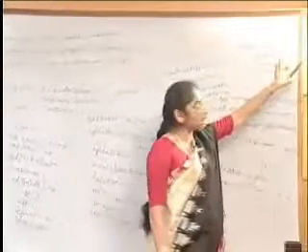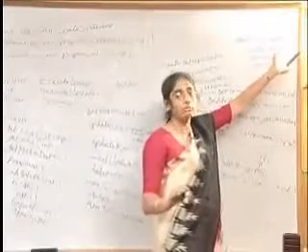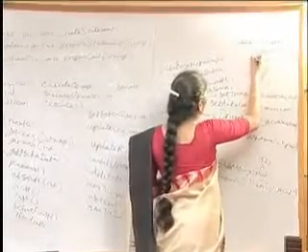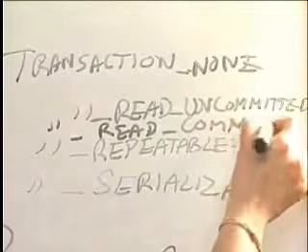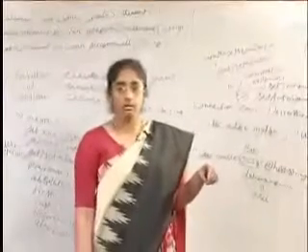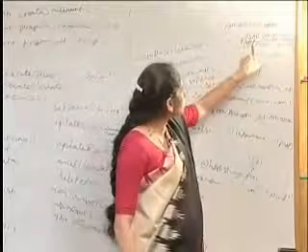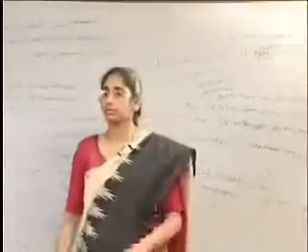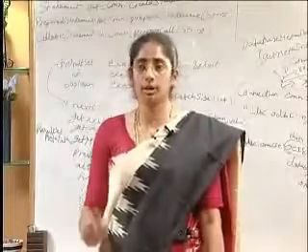TRANSACTION_READ_UNCOMMITTED, all the three occur, that is dirty read, phantom read, and non-repeatable read occur. TRANSACTION_READ_COMMITTED means the dirty read does not occur, but the non-repeatable read and the phantom read occur. With TRANSACTION_REPEATABLE_READ, the dirty read and the non-repeatable read will not occur, but the phantom read occurs.